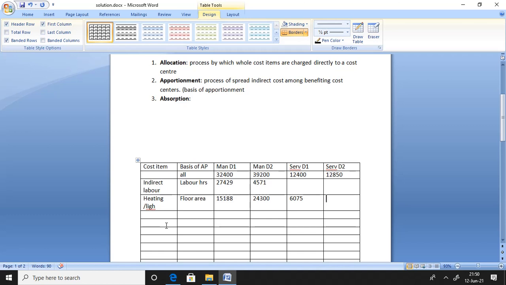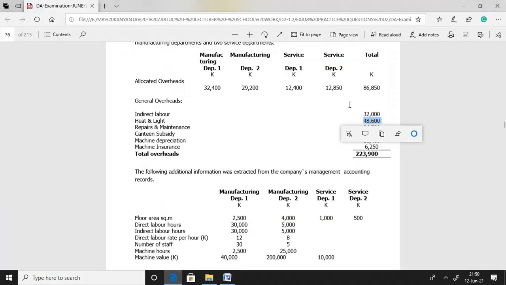The next one, 3,037. When you add those figures there, you must get 48,600. We have used floor area as the basis of apportionment for heating and lighting.